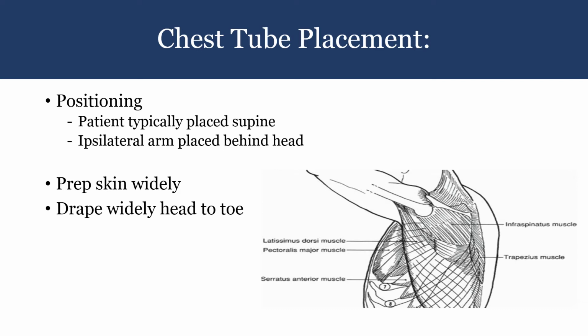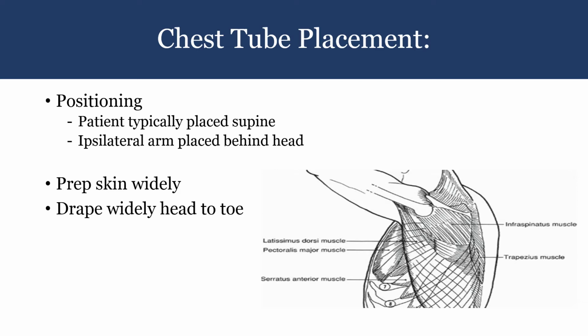Remember our triangle of safety, which is the lateral edge of our pectoralis major muscle. We have the upper border of the seventh rib, as you see where you see number 7, which corresponds to the sixth intercostal space. Then we have the medial border of latissimus dorsi muscle, and then the apex of the axilla.